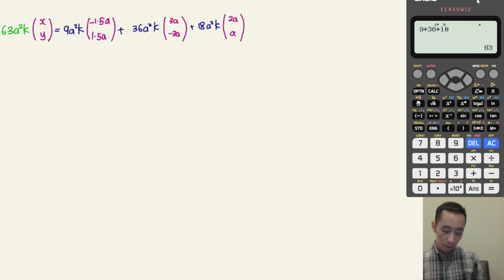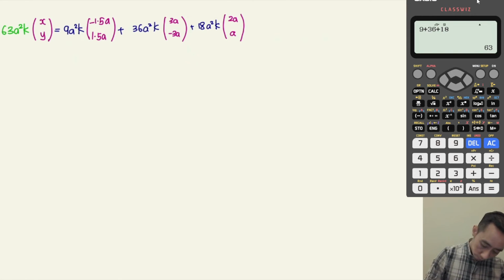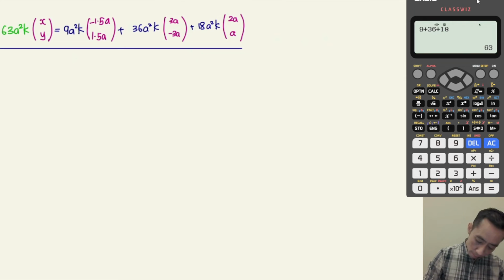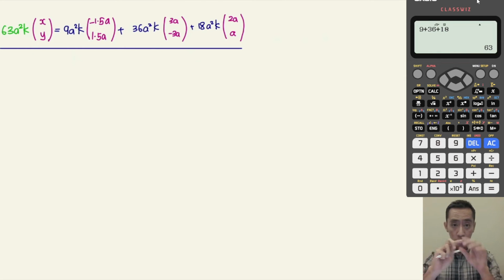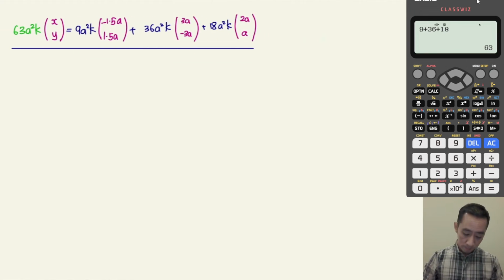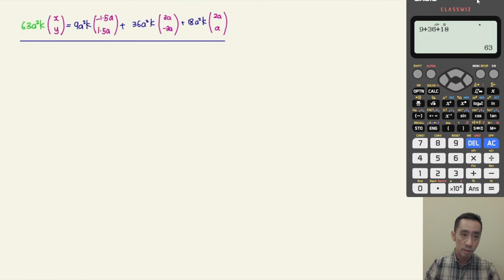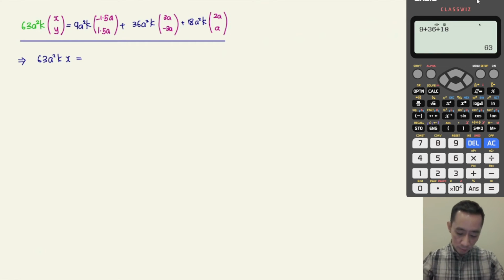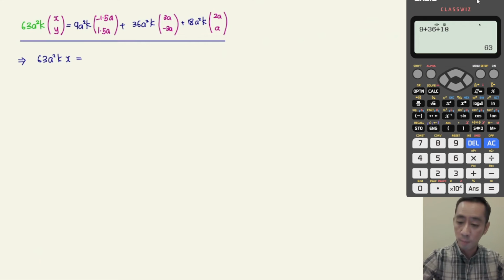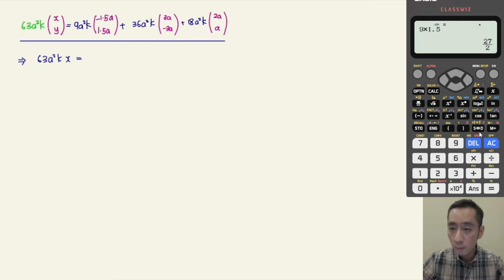So here I form the equations. What I am going to do is I just do separately the top and the bottom. So here I have this. If I look at the x component, which is 63a squared kx equals 9 times 1.5. Decimal is easy to count: 13.5.